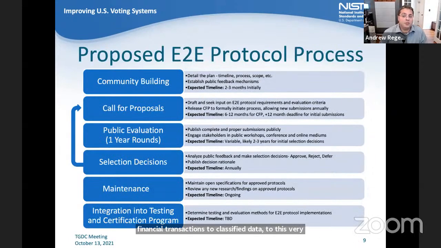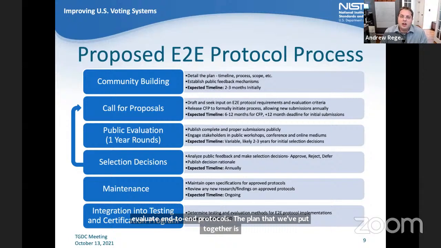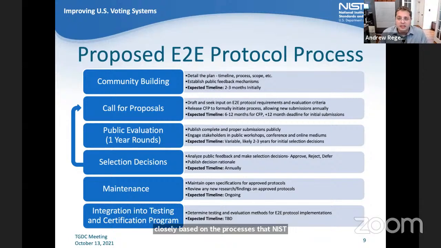So, since the adoption of the VVSG 2.0, NIST and the EAC have been discussing and formulating a plan on how we will evaluate end-to-end protocols. And the plan that we've put together is closely based on the processes that NIST has used for cryptographic standards. It starts out with community building and engagement to put together detailed plans and processes with input from election officials, researchers, and technology experts.